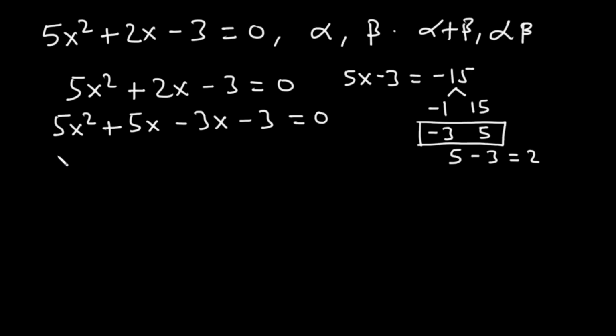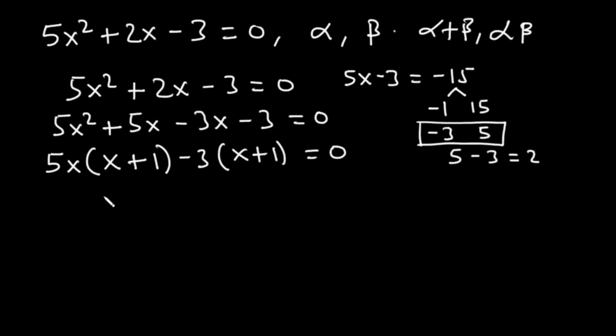So we are going to factor 5x out, and then we have x plus 1 inside, then we have negative 3 outside, and then x plus 1 inside is equal to 0. So that's going to be 5x minus 3 and then x plus 1 is equal to 0.